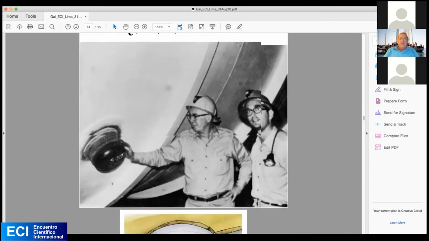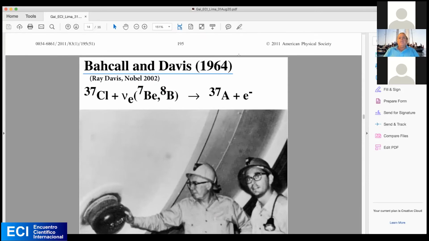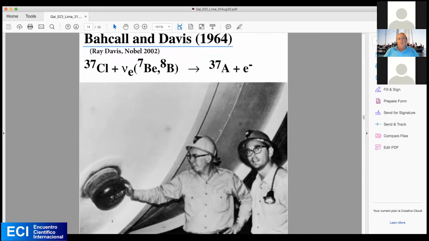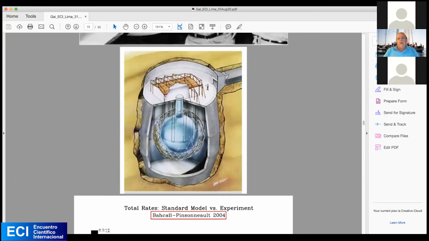Ray Davis found a way to actually detect those atoms, and he has been doing it since 1964. Of course, Ray Davis has passed, but for that work, which is a remarkable achievement, he received the Nobel Prize in 2002. A new experiment came, and that's the Sudbury neutrino experiment.